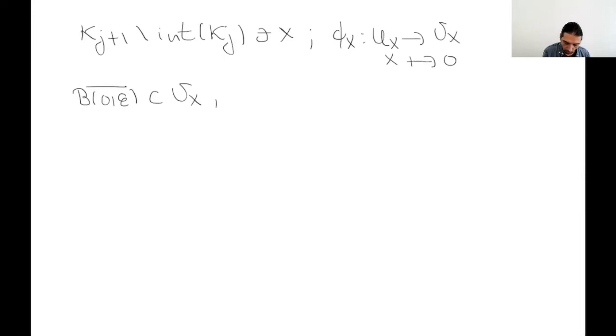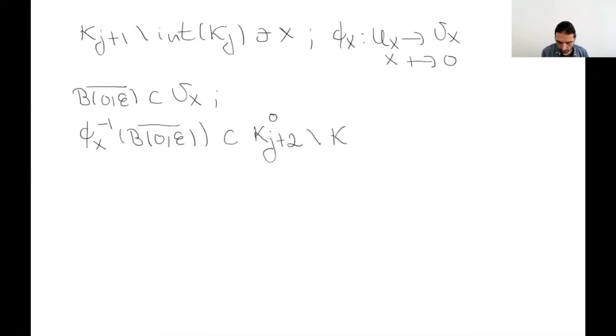And we want a little bit more. We're going to consider the preimage of this closed ball. We are going to require that this is contained in the interior of K_{j+2} minus K_{j-1}.